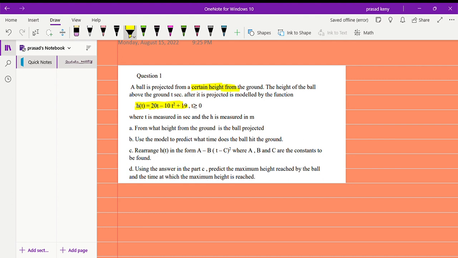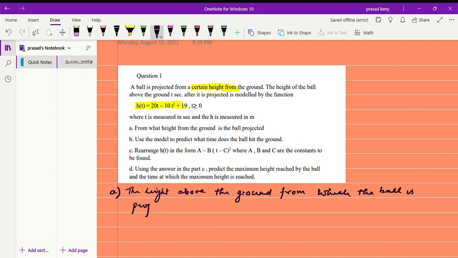So in the first case, you have to find out the height above the ground from which the ball is projected, and that is nothing but the initial height of the ball.